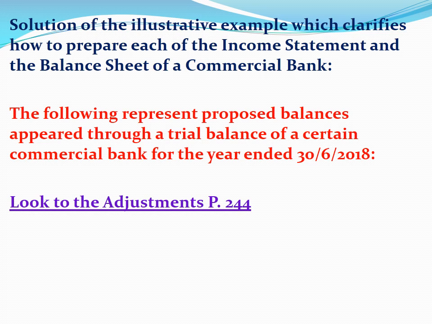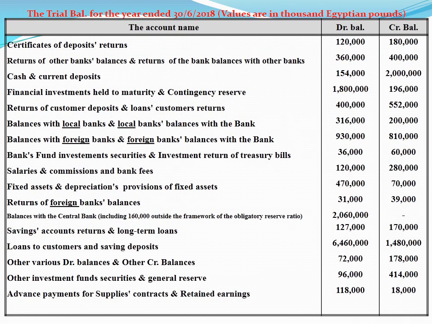Look at the adjustments, page 244, with the trial balance, which I will explain to you some items inside it before beginning our solution. This is the trial balance for the year ended 30 June 2018. Values are in 1,000 Egyptian pounds. As I told you, this trial balance I divided into two slides to be readable.